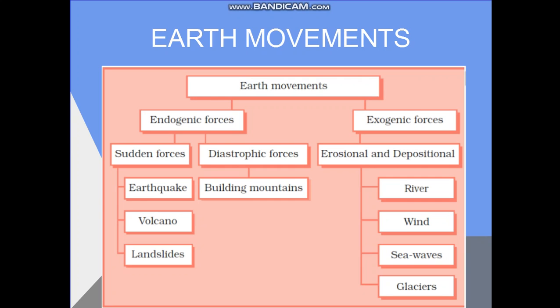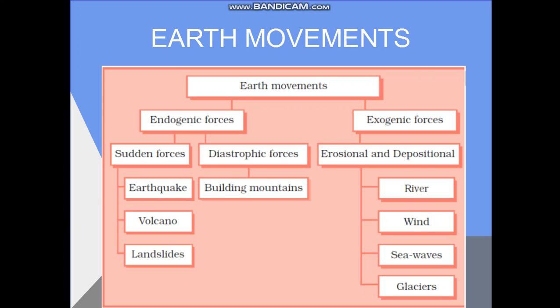Let us see the earth's movements. The earth movements are divided into two forces, endogenic forces and exogenic forces, as we can see in the figure. Endogenic forces are also divided into two types of forces, which are sudden forces and diastrophic forces.